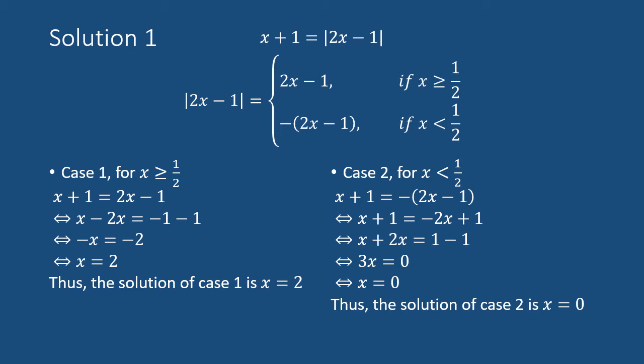For this equation we can solve it, and we get the solution of case 2: x equals 0. Therefore, the solutions from case 1 and case 2 in equation 1 are x equals 2 and x equals 0.